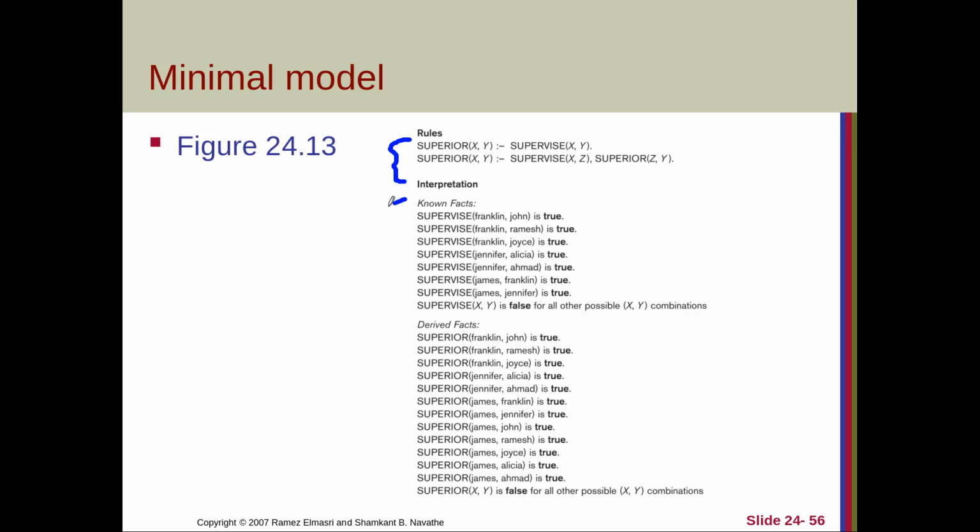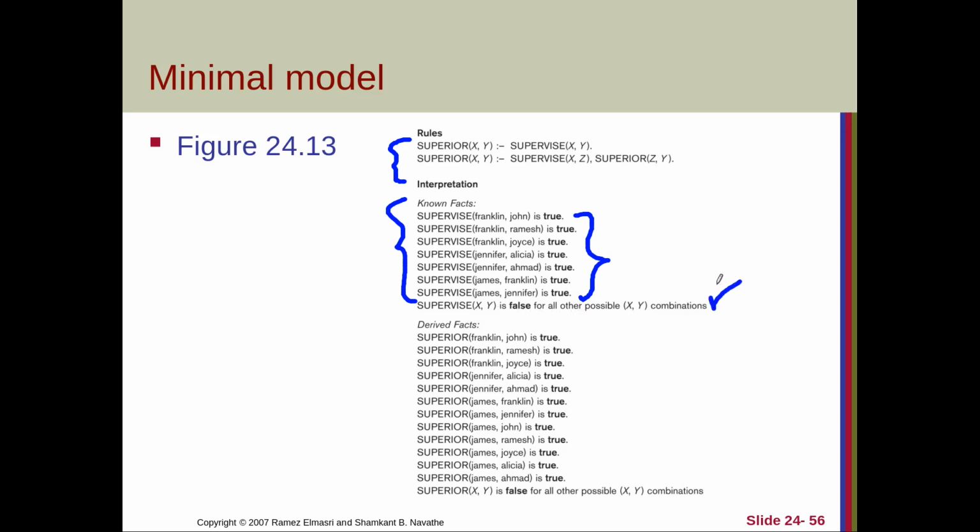Interpretations: supervised Franklin comma John is true, supervised Franklin comma Rem is true, supervised Franklin comma Joyce is true. So all the interpretations are being done, and this is happening with model theoretic. Finally, supervised x comma y is false for all other possible xy combinations.